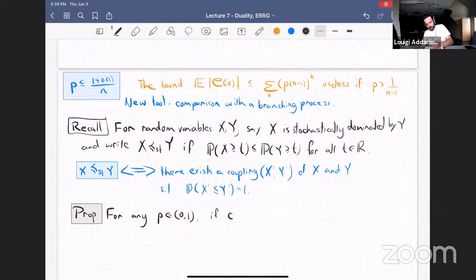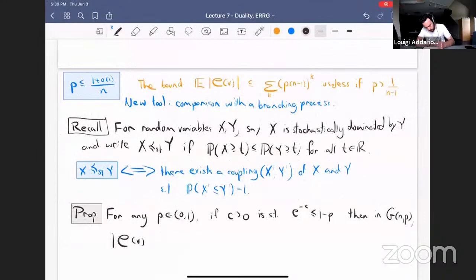So if c is such that e to the minus c is at most 1 minus p, and in G(n,p), the size of the connected component containing any vertex v is stochastically at most the size of a certain tree, which is the Poisson (n minus 1)c branching tree.